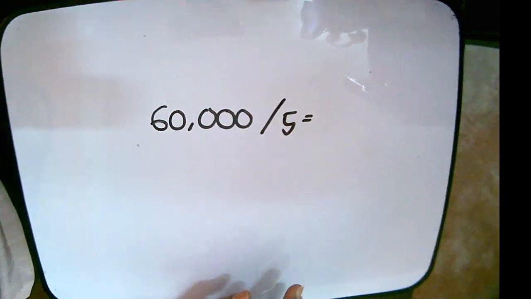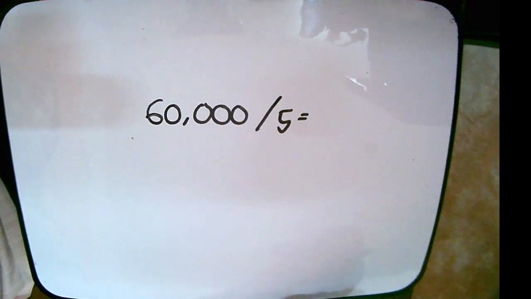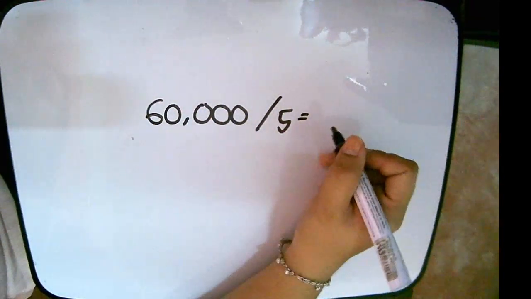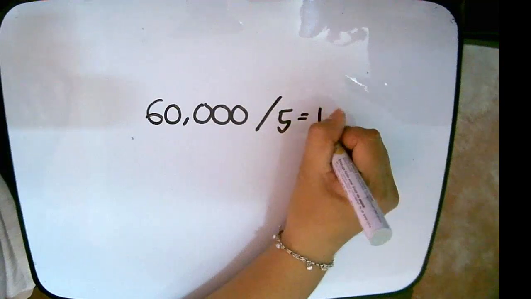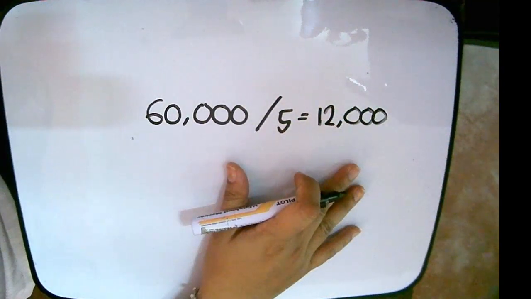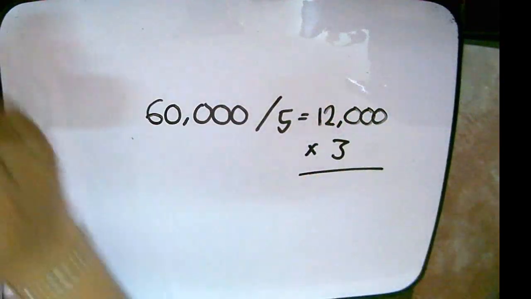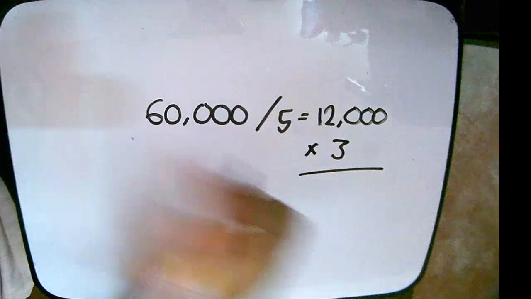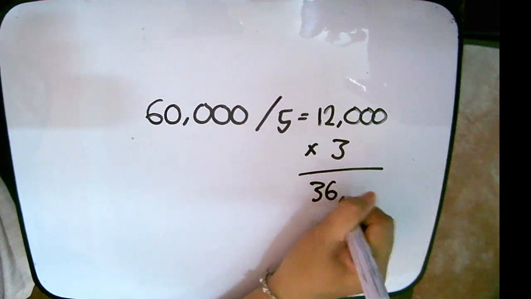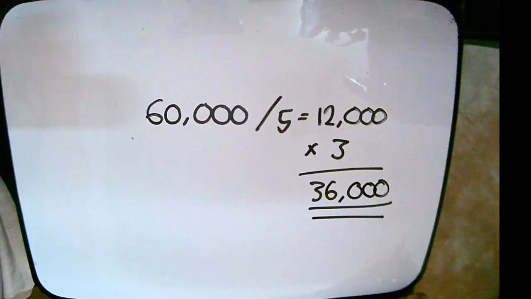Pag dinivide natin yan, ibig sabihin yung daily salary ng kanyang mga empleyado is 12,000. So, since meron siyang 3 days na hindi bayad, times natin yan sa 3 days. 12,000 times 3, ibig sabihin, meron siyang 36,000 pesos of unpaid salaries.